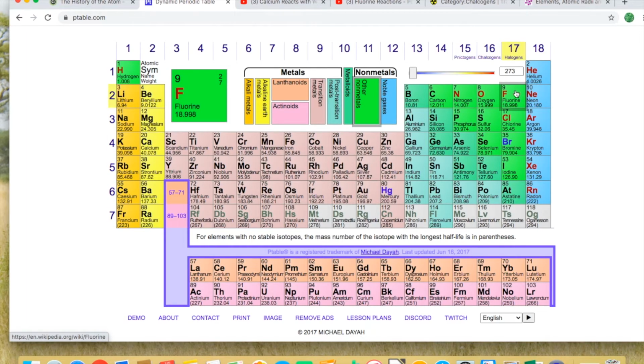We see it here as well. Fluorine is a pale yellow gas. Chlorine is a pale green gas. Bromine is more of a brown liquid. Iodine at room temperature is a crystalline solid, and astatine is too radioactive for us to know. So we're going from a gas through to a liquid to a solid within the halogens. That's increasing metallicity.